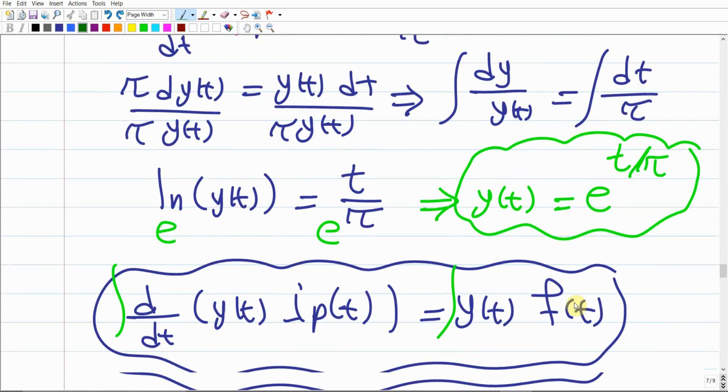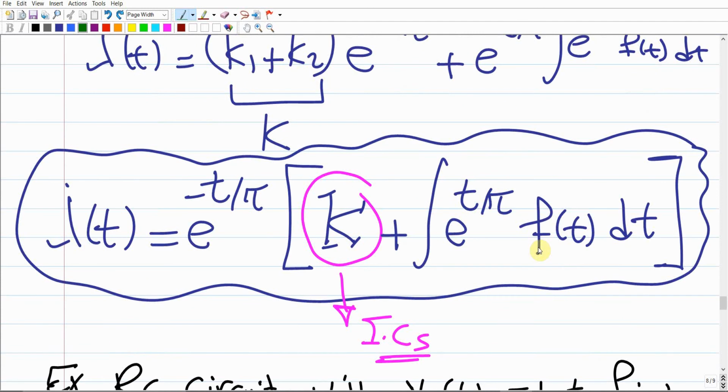Your objective is just to understand and memorize this expression, the general solution of a first order ODE, which is in this form. From now on, your objective is just to form the value, how much is the F of t, how much is tau, depending on the given electrical circuit. Then your objective is just to plug tau and F of t into this equation to solve for the current. Make sense?